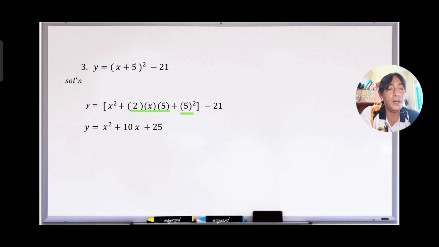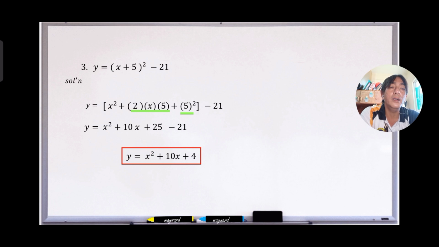And then, i-plug in natin yung minus pa rin, minus 21. So, isubtract natin yung 21 dun sa 25 para makuha natin yung sagot na yan. So, y is equal to x squared plus 10x plus 4. Yan yung ating general form na makikita natin dyan yung y-intercept which is 4.